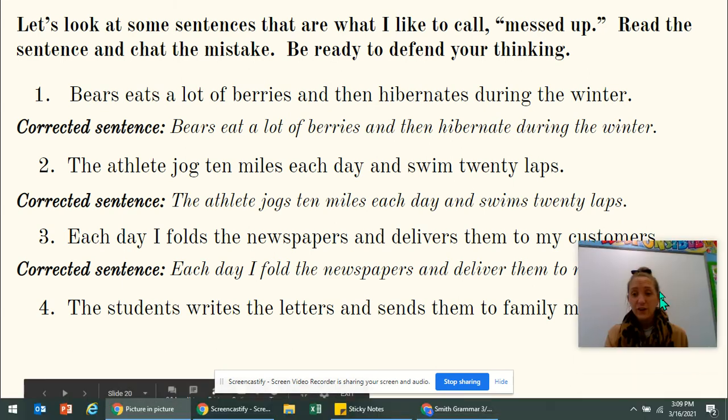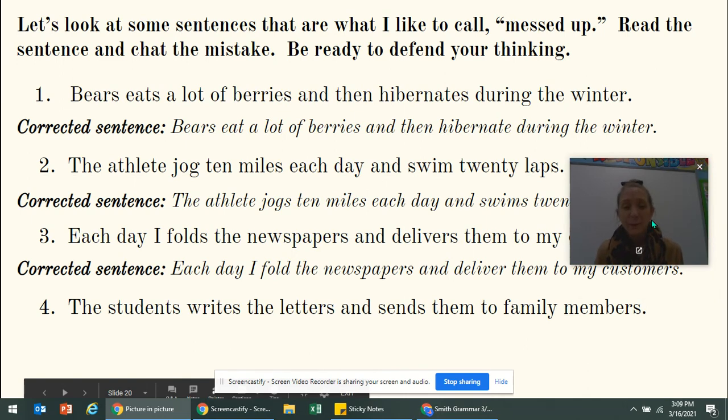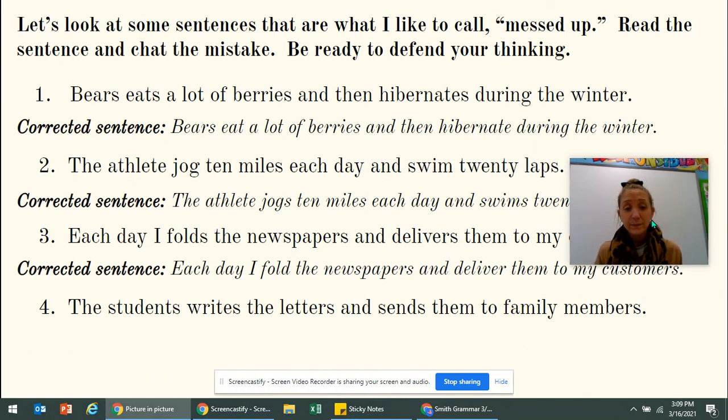Okay, let's look at the very last one. Sorry, I need to move my video. Let's take a look at number 4. The students writes the letters and sends them to family members. What's wrong here? Take your pointer finger and point at the 2 words that are wrong in the sentence. What 2 words are not written correctly?